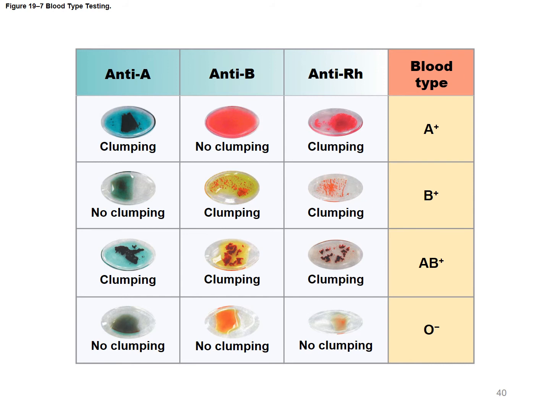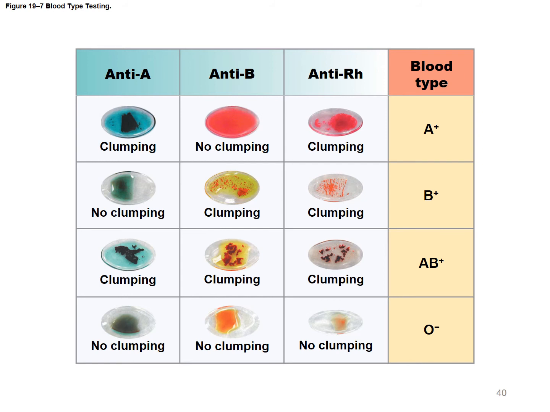You see anti-B went against it and there was no clumping, so there was no reaction because there are A antigens there. And A antigens are okay with anti-B because that is what is in the plasma of that particular blood type. On the anti-Rh, you can see that that caused clumping.